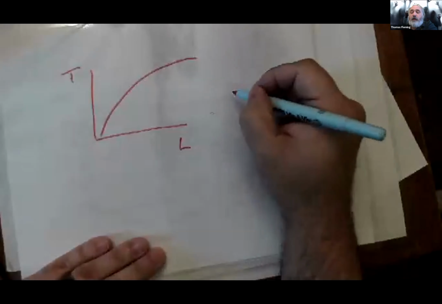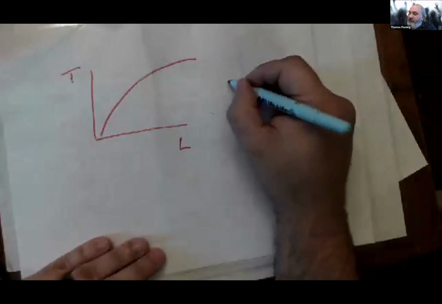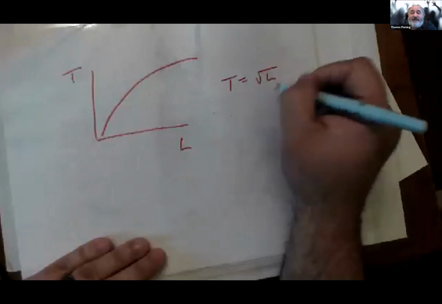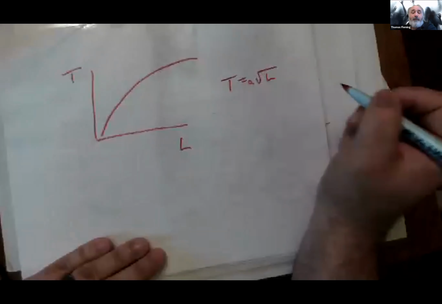Parabolas are x squareds. Sideways parabolas are square roots. So I might think that T is equal to something like the square root of L. Maybe it's something times the square root of L.